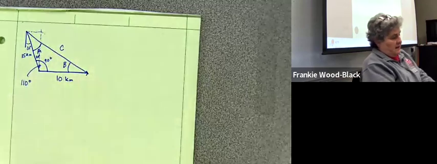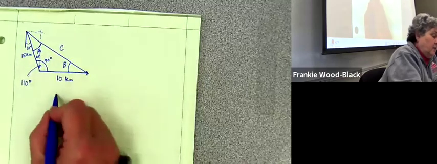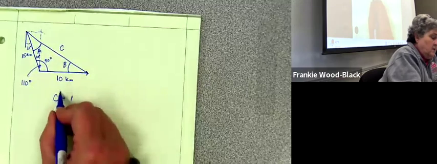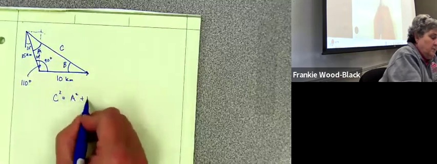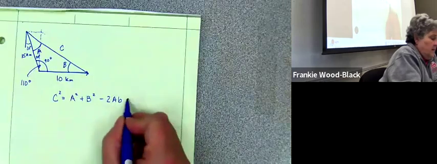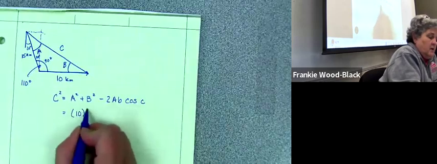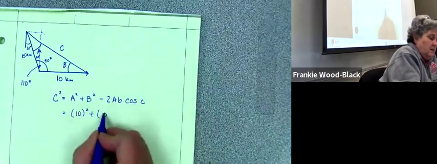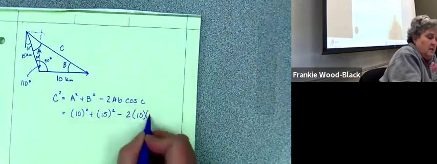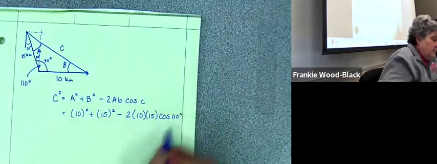So now I have two sides and one angle. We can calculate C fairly quickly. C squared is equal to A squared plus B squared minus 2AB cosine of C. That's 10 squared plus 15 squared minus 2 times 10 times 15 cosine of 110 degrees.